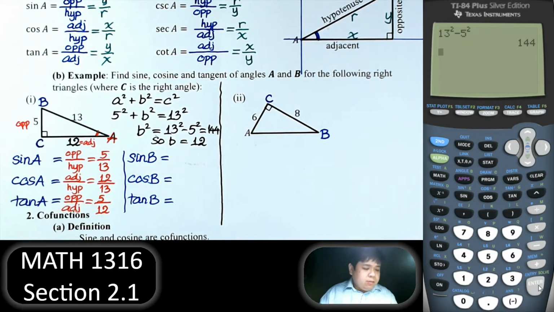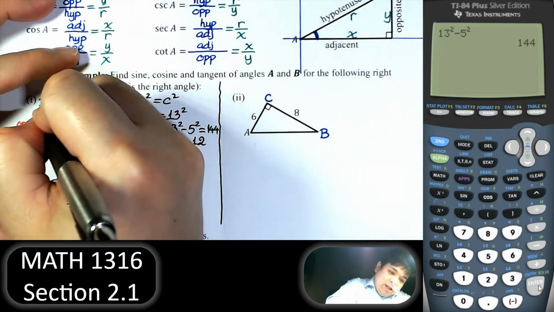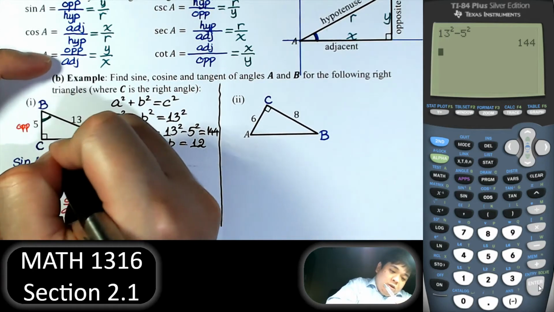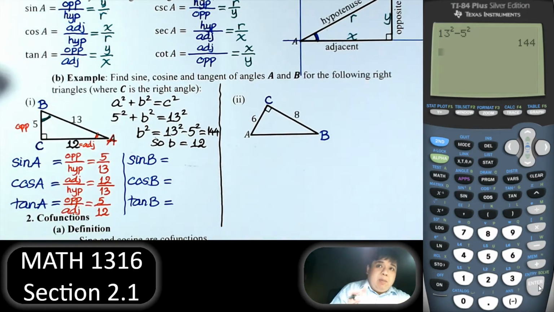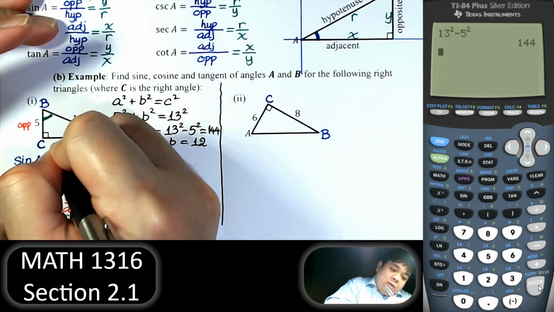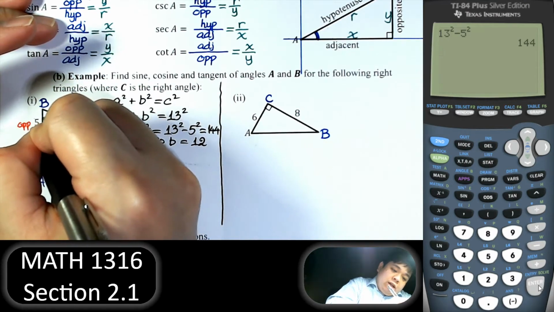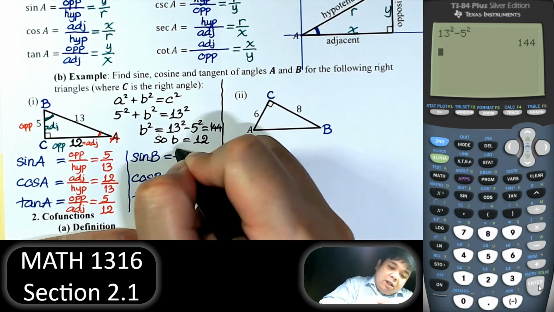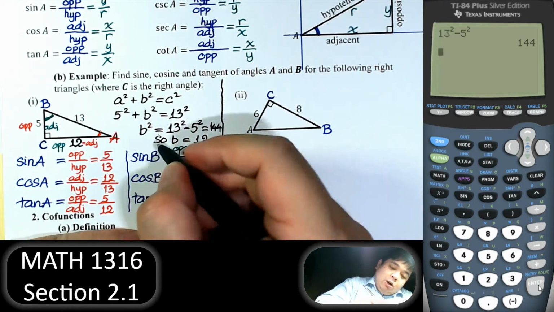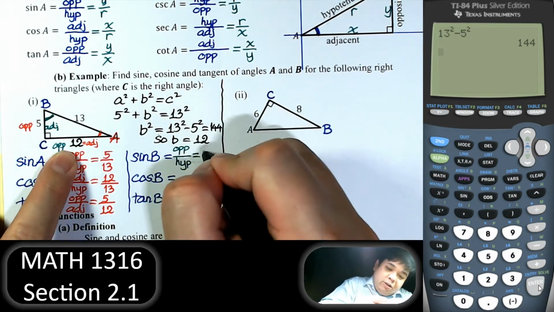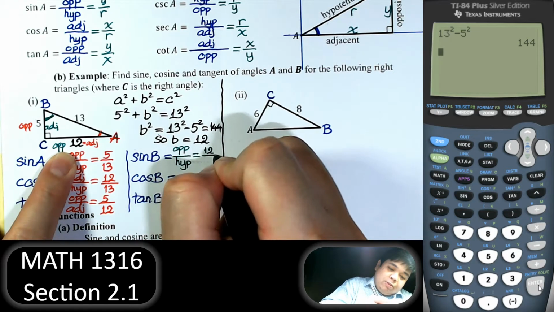Now, with respect to angle B, opposite to angle B is actually going to be 12. The way we define opposite, adjacent, and hypotenuse is with respect to an angle. So with respect to angle B, 12 is going to be opposite, and 5 is going to be adjacent. Sine is opposite over hypotenuse: opposite is 12 over hypotenuse 13.